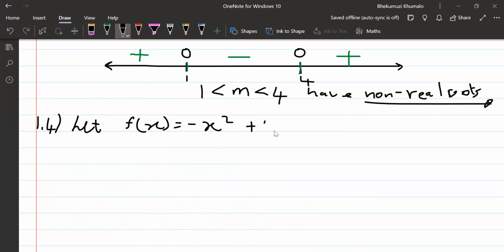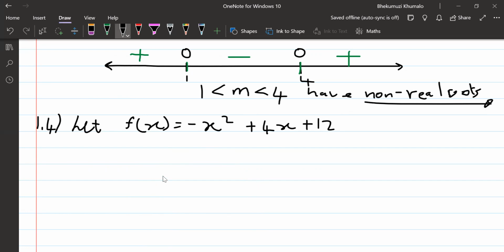Now we're looking for the turning point, because the turning point y is the maximum value of this expression, correct? So the maximum value of this expression is going to be at the turning point of this parabolic function.